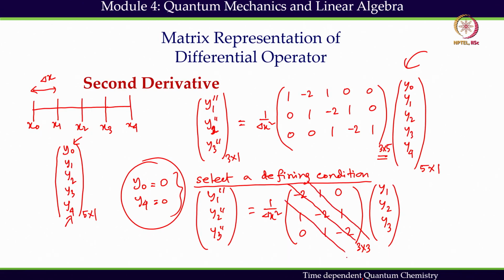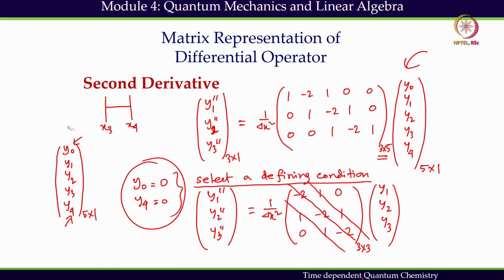Only the components associated with the diagonal region have a finite value, otherwise every other point is going to be 0. So, a tridiagonal matrix should look like this.